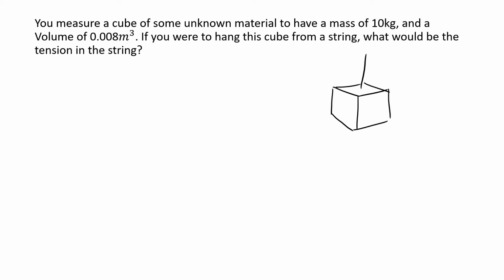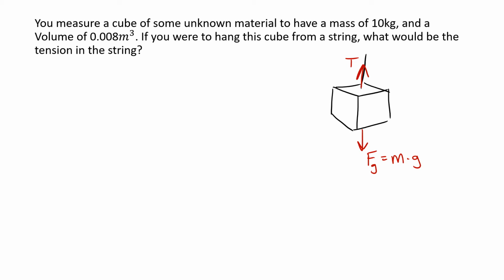So tension is going upwards, and we know that it's just hanging there. We know that it's going to want to be forced downward. That's the weight of the object, downward. Pretty much we're given the mass immediately, so we can find this.